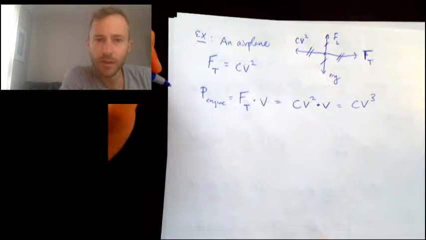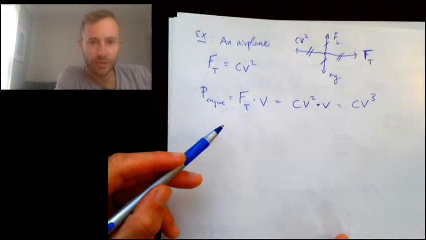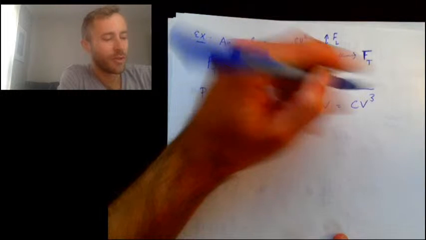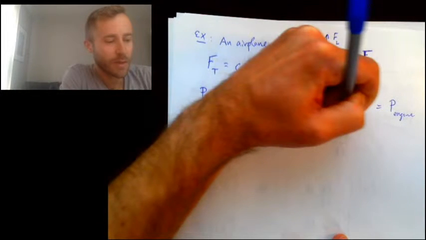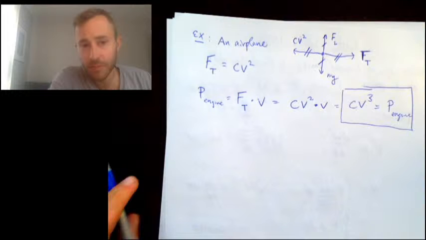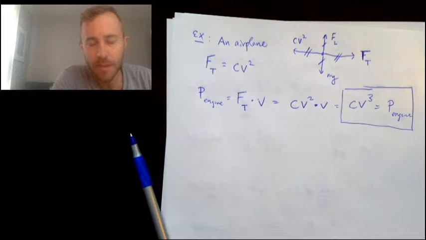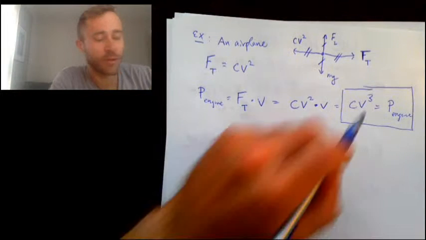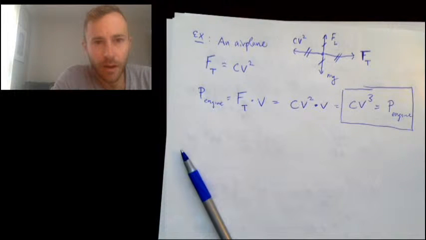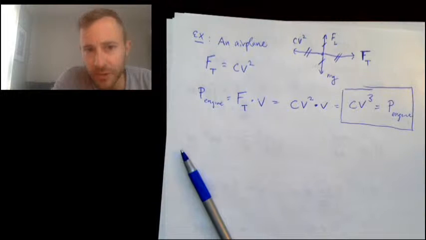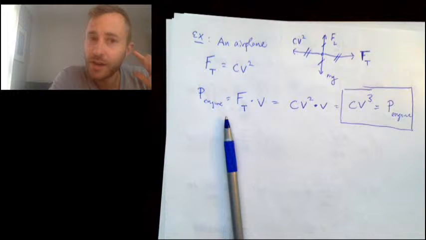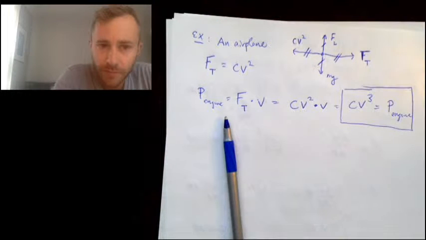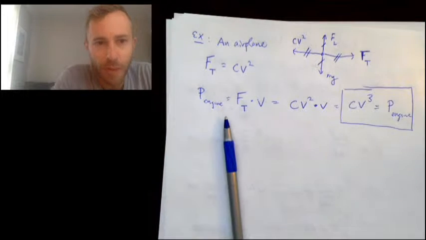So what this says is that the faster an airplane goes, the more power the engine is going to need to use. And actually it increases dramatically. It increases as the cube of the speed. So if you go twice as fast, that double gets cubed and you get 8 times the power output of the engine. So the power output rises dramatically with speed.